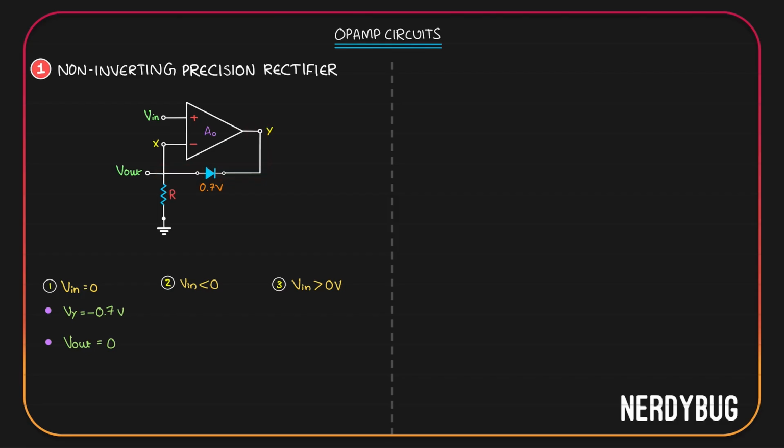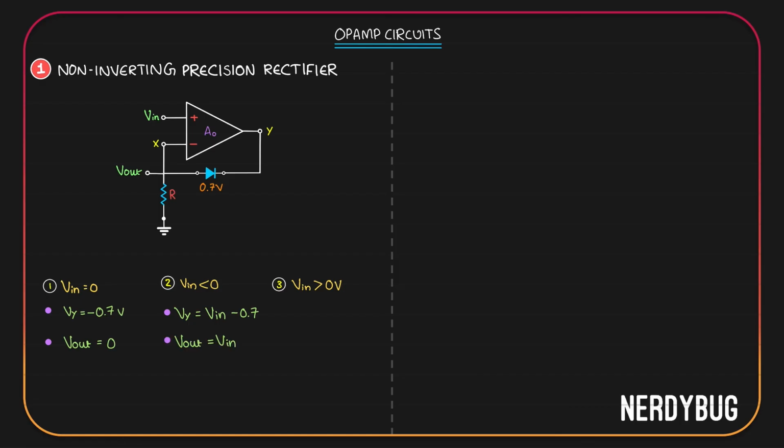But the op-amp wants whatever we get here to be equal to V in. So it will give V in plus an extra negative 0.7 at Y, so that even when negative 0.7 is dropped across the diode, we'll still have V in here. That means Vy will be V in plus a negative 0.7 and V out will be equal to V in.